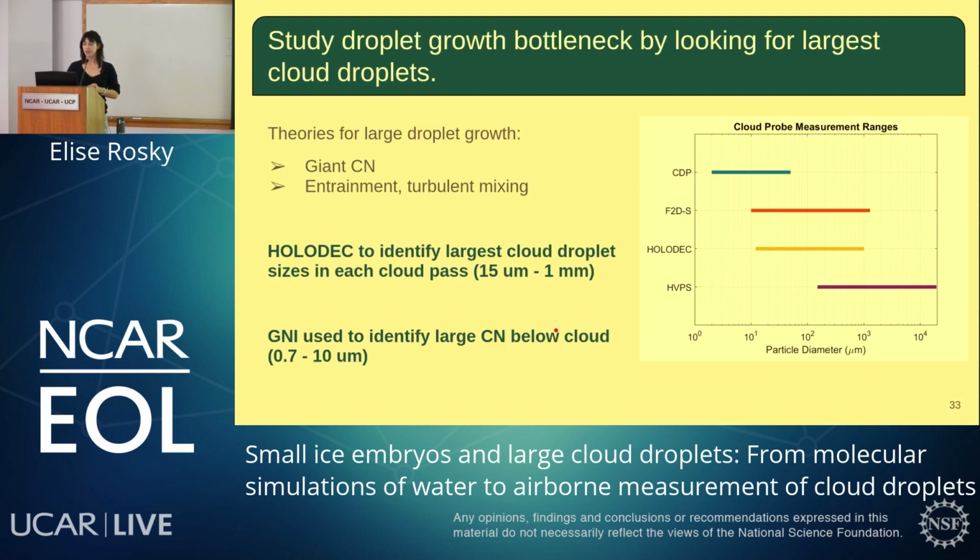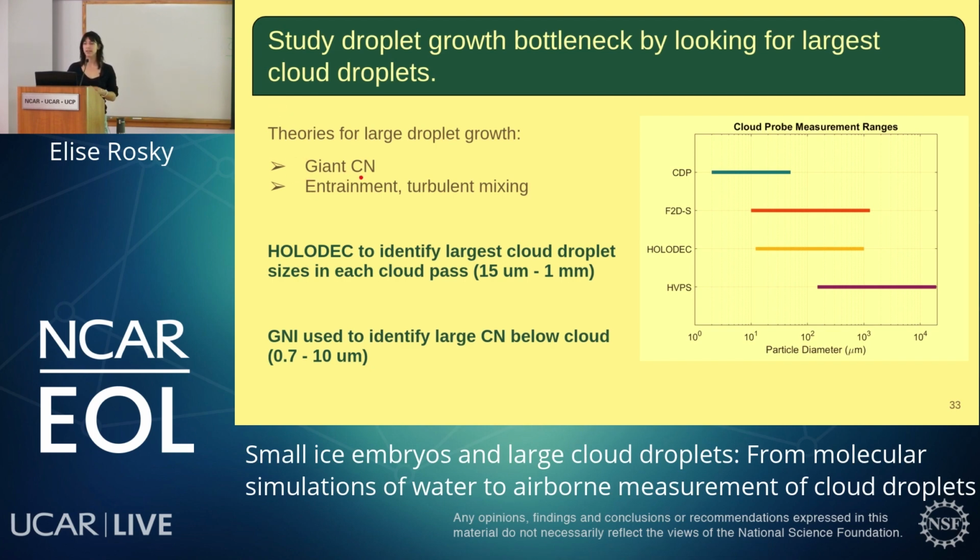So now that I've grouped these cloud passes into groups that can be compared against each other, let's see if we can learn anything about the droplet growth bottleneck that I mentioned at the beginning of the talk. There are 2 predominant theories for how water droplets might grow past this bottleneck.